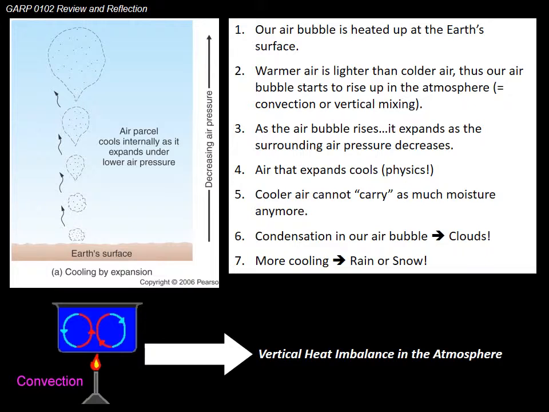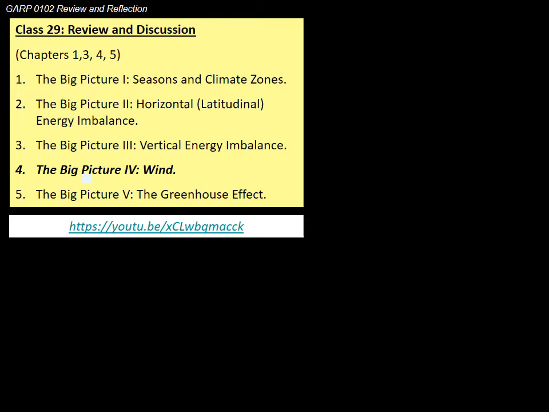So anytime you see a cloud in the sky, you see this process, the process of the vertical heat imbalance in the atmosphere. You see a bubble that was heated at the surface of the Earth, that has risen in the atmosphere to the point where it got saturated and condensation occurred. But again, that stuff we'll cover in detail in the last part of this.